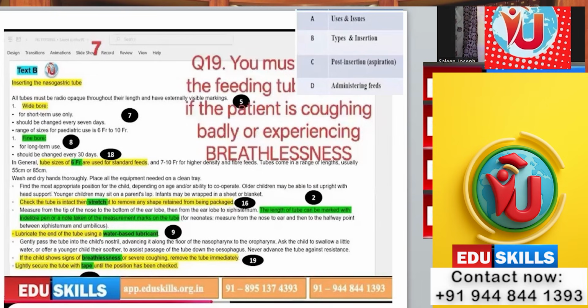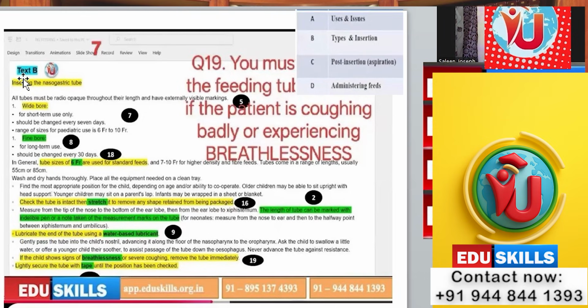That is the 19th one. You must take out the feeding tube at once if the patient is coughing badly or experiencing dash. So this goes directly to text B again, isn't it? Because they're asking us about types and insertions.